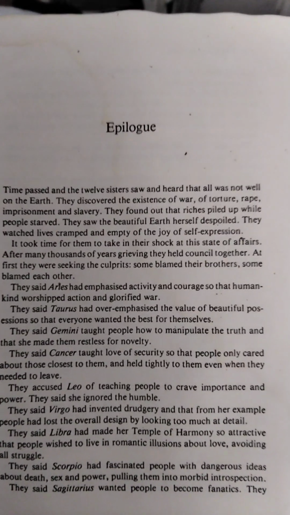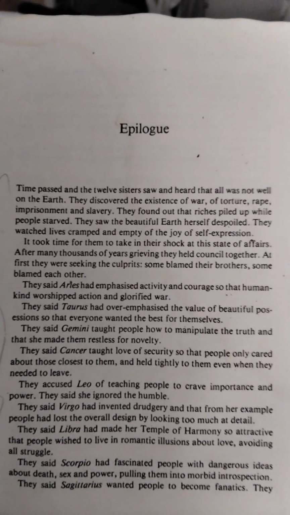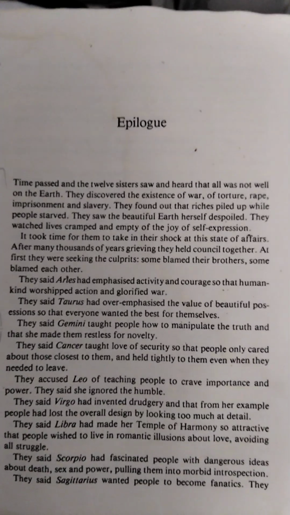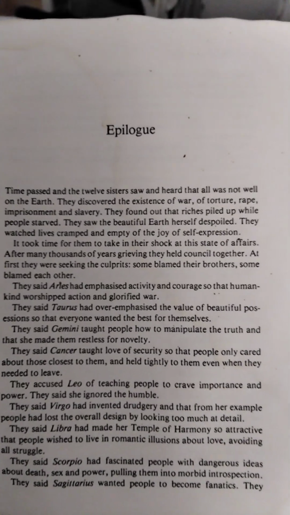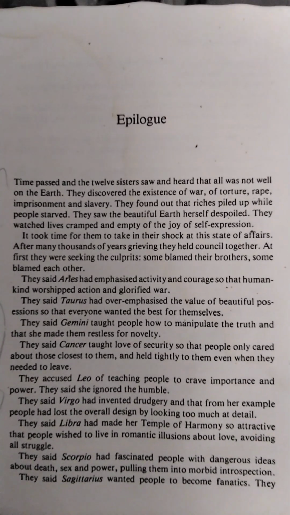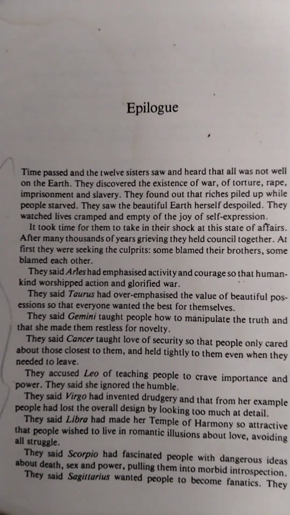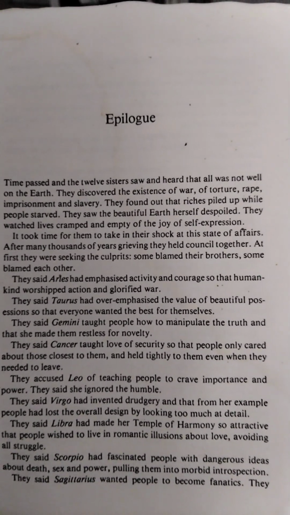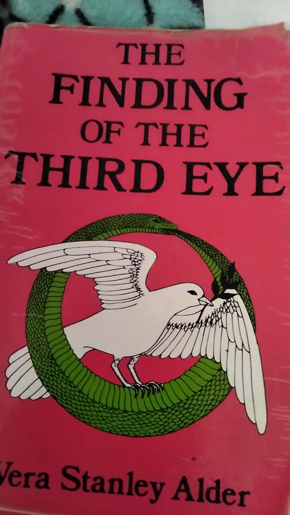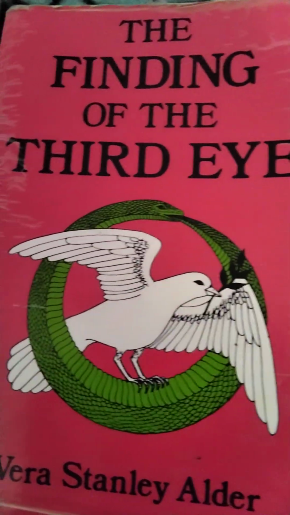They found out that the riches piled up while other people starved, right? They saw the beautiful earth herself spoiled, and they watched lives cramped and empty of the joy of self-expression. It took time for them to take in their shock at this state of affairs. So after many thousands of years grieving, they all held council together.